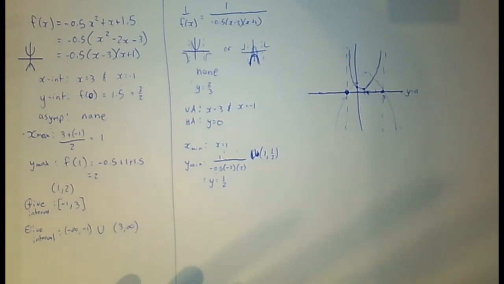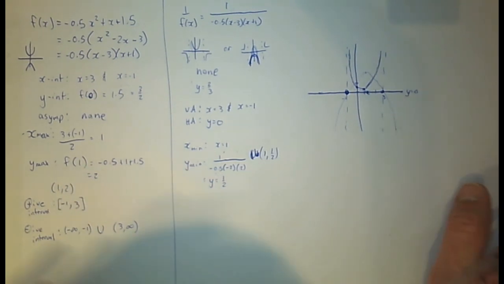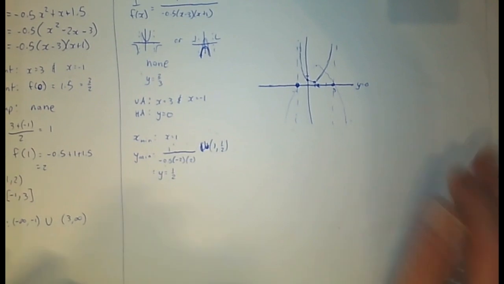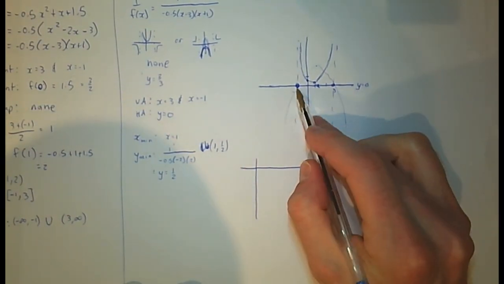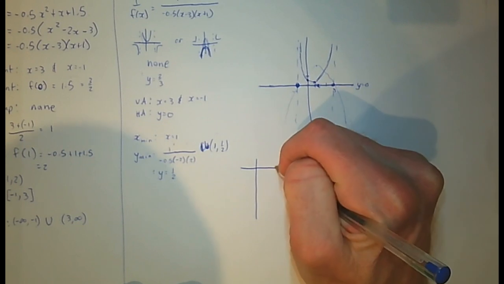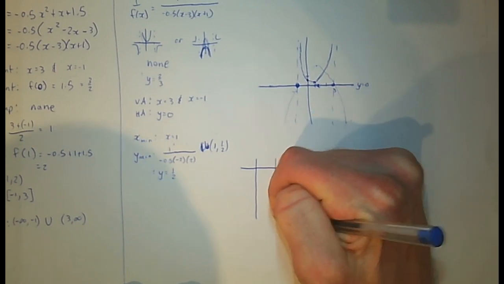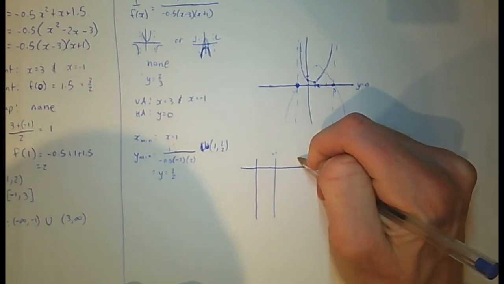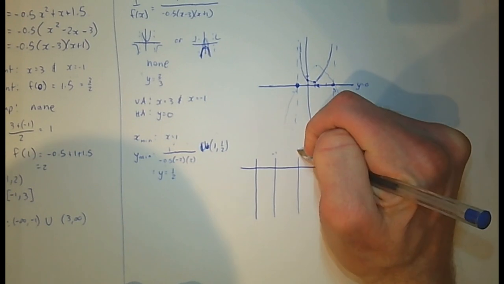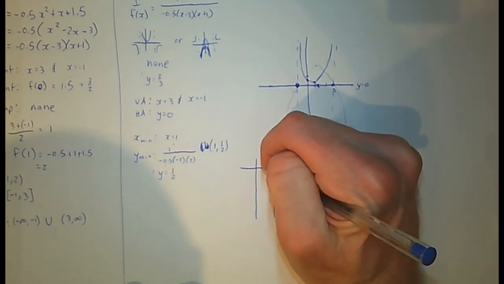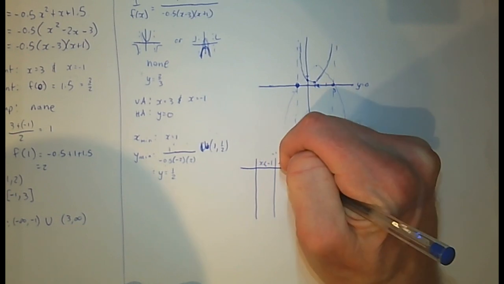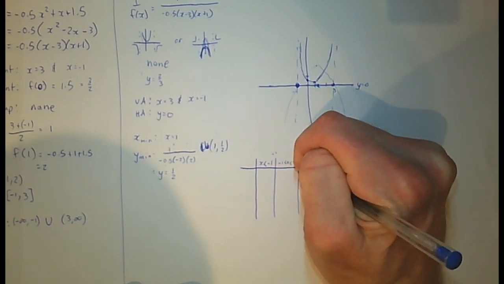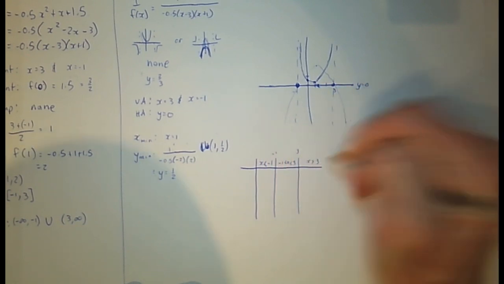Again, interval charts are the best way of figuring this out. So we'll do that. Our key points on our interval chart are going to be -1 and positive 3. So we'll put that in there: -1 on that borderline, positive 3 on that borderline, right? So we've got x is less than -1, between -1 and positive 3, and x is larger than positive 3.